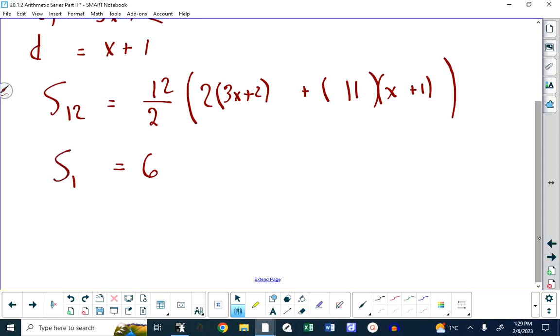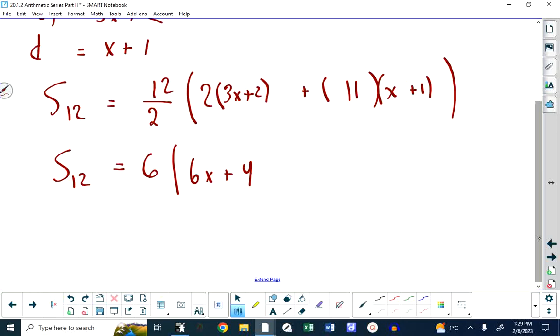Without a doubt. Is there a simpler way to write 2 times 3x plus 2? Yes. Yep, 6x plus 4. How did I get 6x plus 4? Just expanded it out. Okay, good.